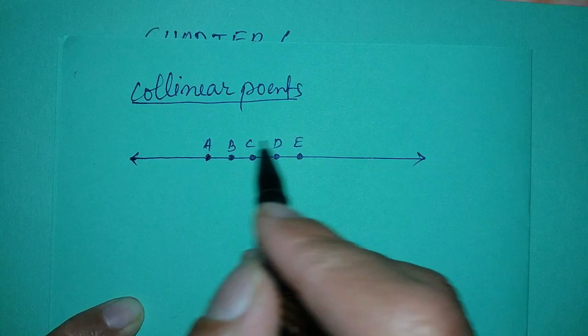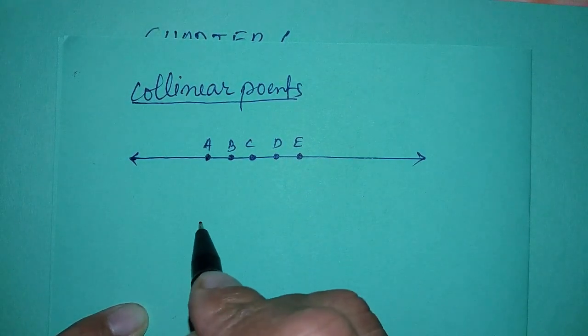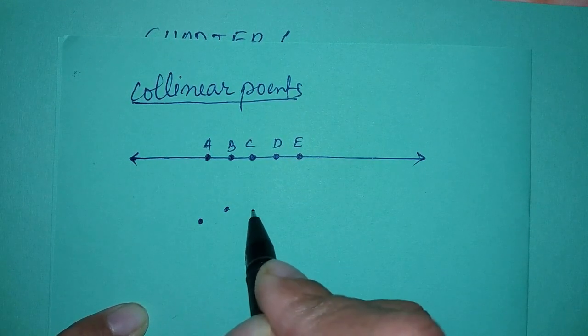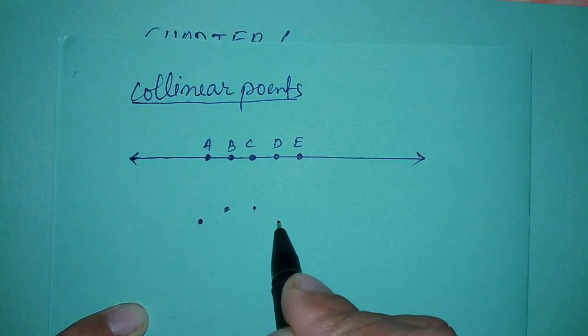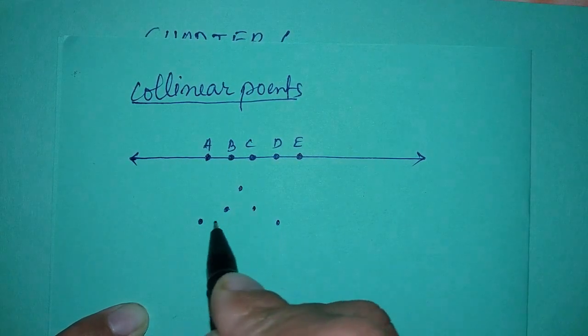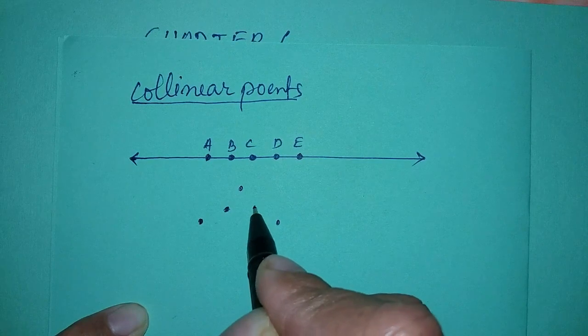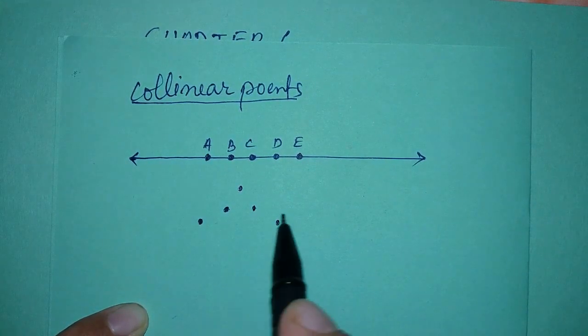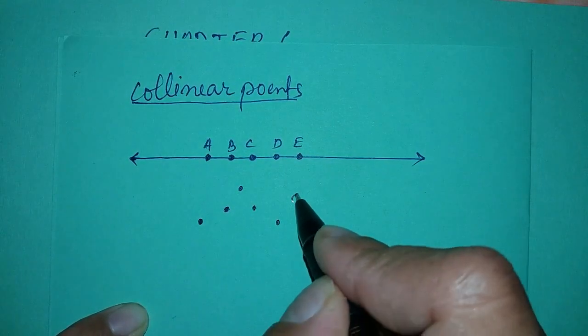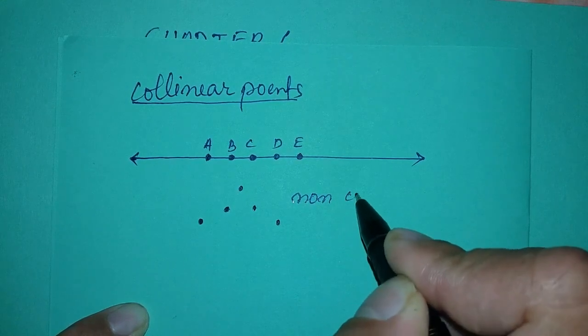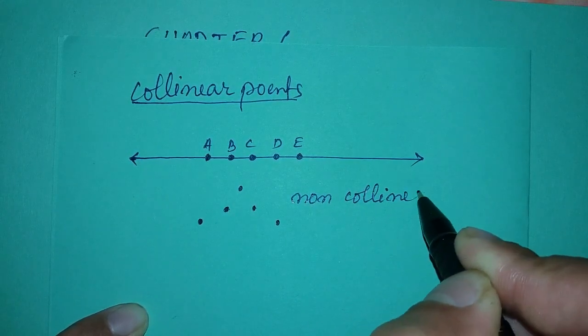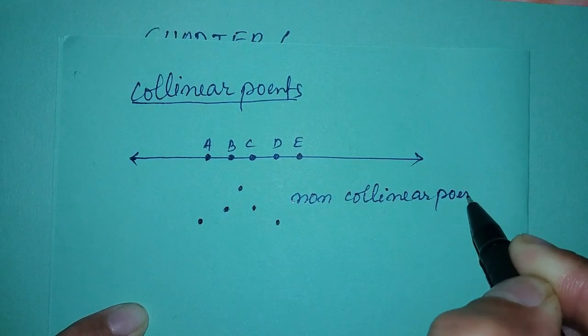So such points are called collinear points. Now if the points are not lying on the same straight line, then those points are known as non-collinear points.